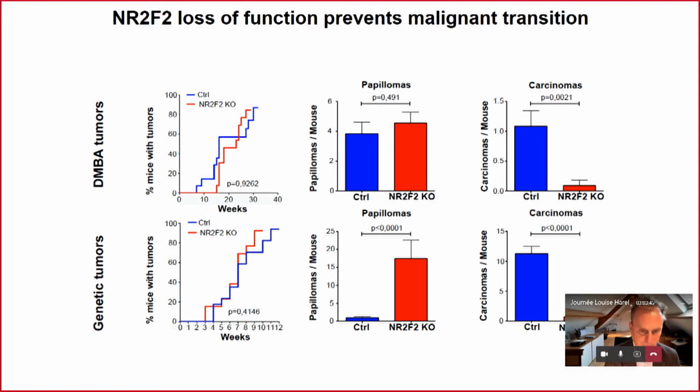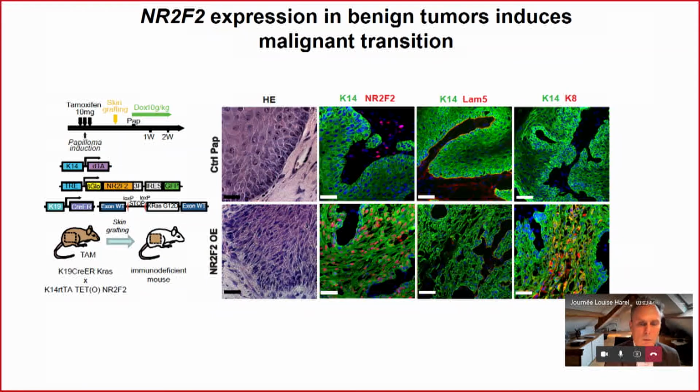Next slide. When we did the reverse experiment, overexpressing NR2F2, we found that these benign tumors change their morphology and begin to express markers of invasion and early EMT states such as keratin 8. Next slide. They break the basal lamina and acquire malignant features. Next slide.